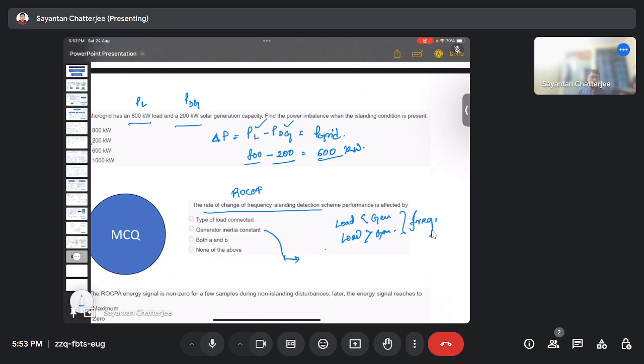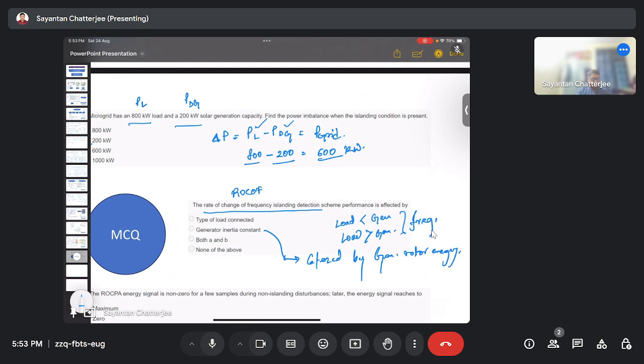So this change in frequency gets initially countered by the generator inertia, based not only on generator inertia but on the generator rotor energy stored.